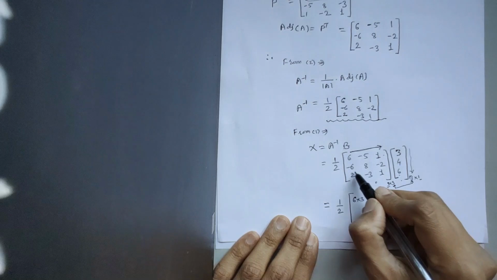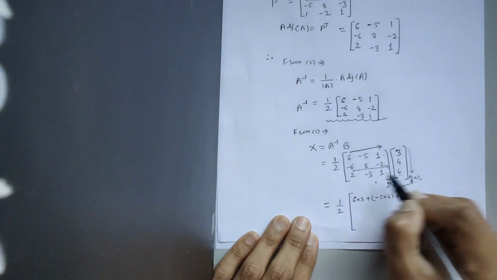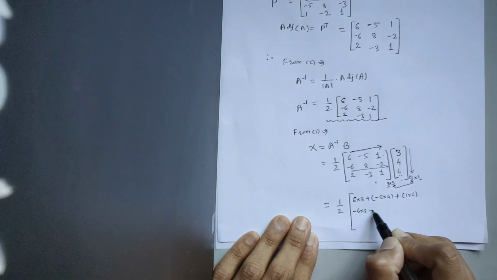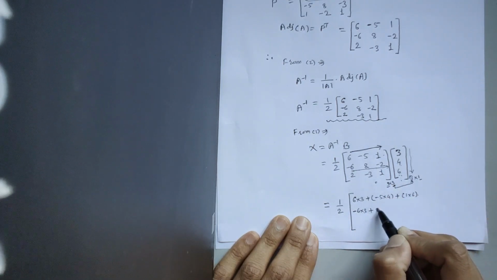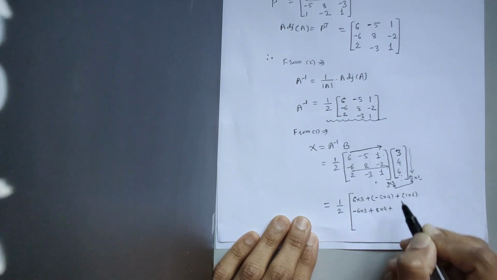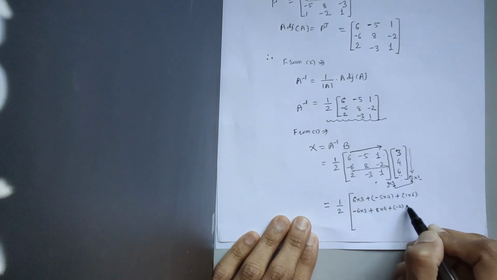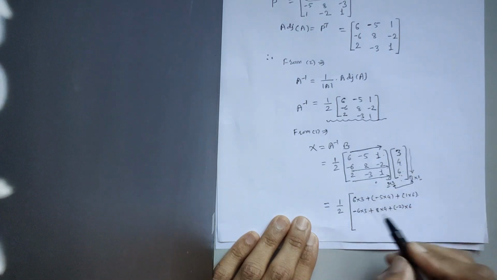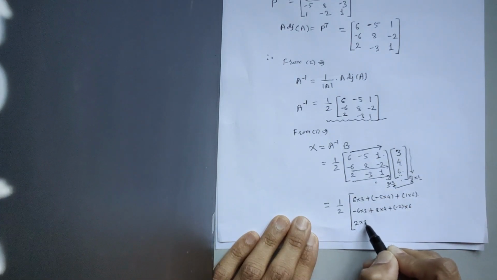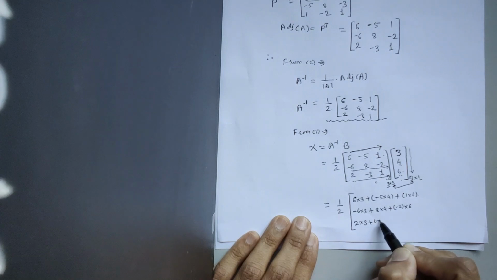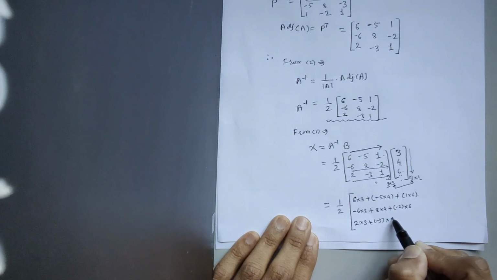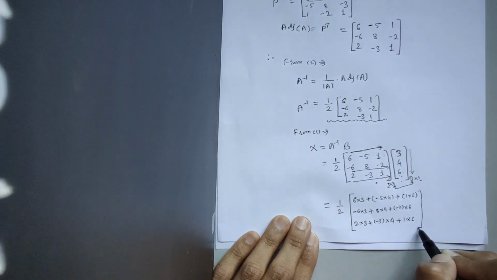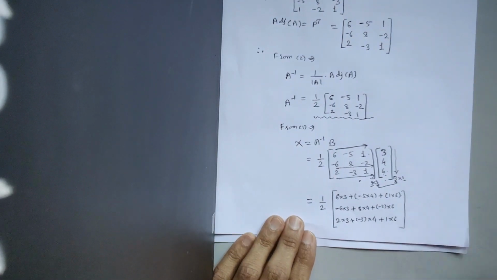Now second row, this column: -6 multiplied by 3 plus 8 multiplied by 4 plus -2 multiplied by 6. Next, third row, first column: 2 multiplied by 3 plus -3 multiplied by 4 plus 1 multiplied by 6. Right?